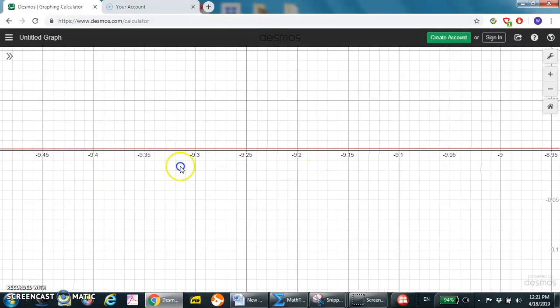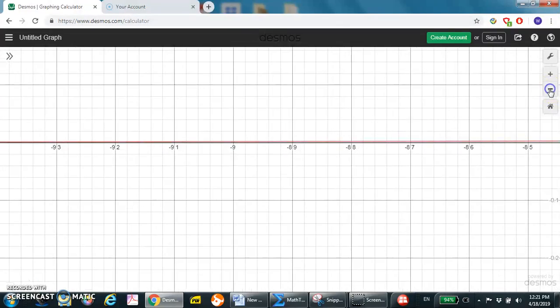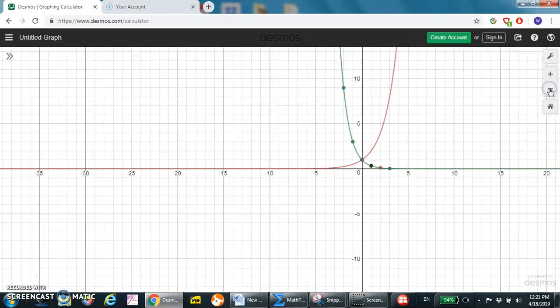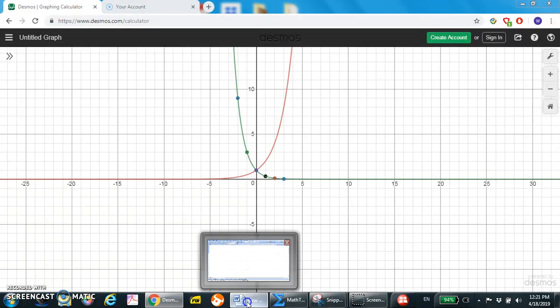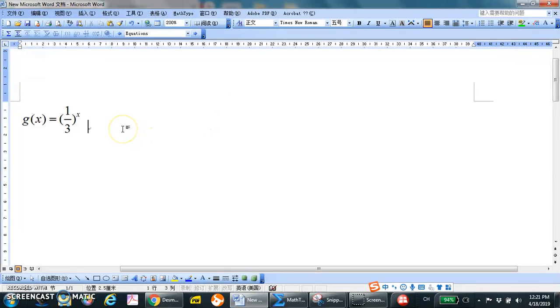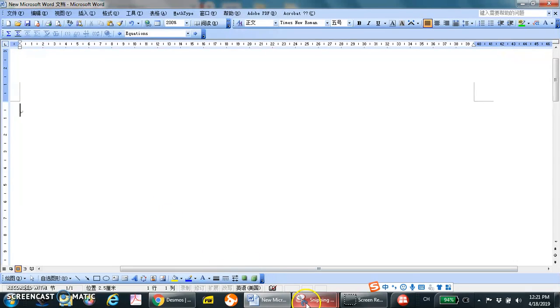It can be very close, but it will never touch. And this is true for both functions. So we can generalize the properties of the exponential function in this way.